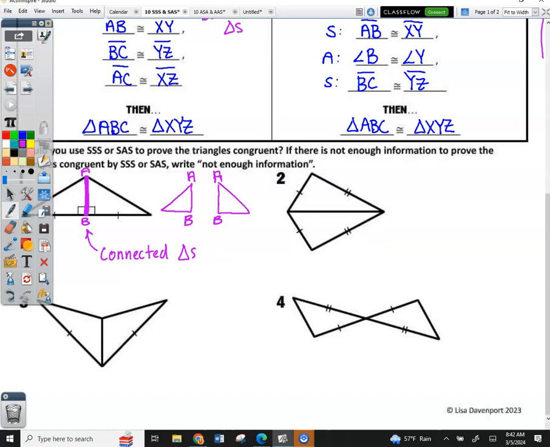So when I pulled them apart, I ended up having to write the letters twice. Okay, this is called a shared side. This side is part of the triangle on the left. It's part of the triangle on the right. If I try to draw them separated, then I end up with a side duplicated.